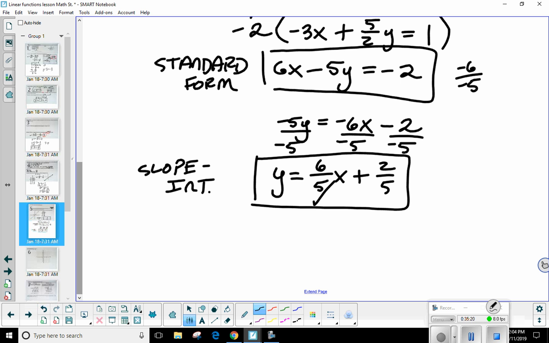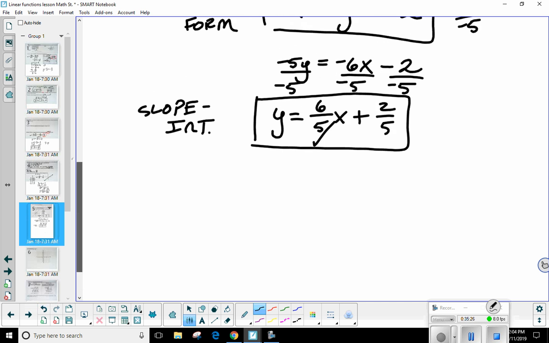Point slope form. Now, to go from here to point slope, what you're going to want to do is just factor that slope away from the x. I've got to pretend like it's a GCF. So y is equal to, I'm going to pull out the 6/5. But what am I going to multiply 6/5 by that would leave me 2/5?